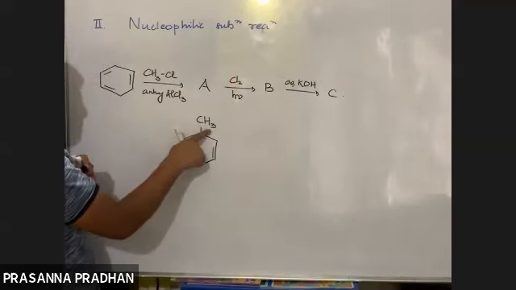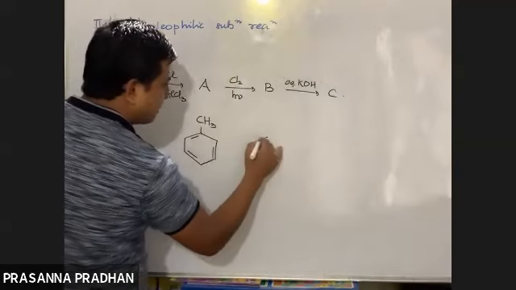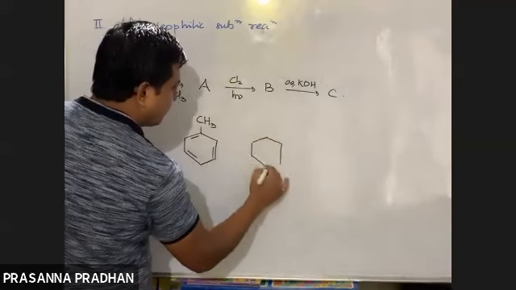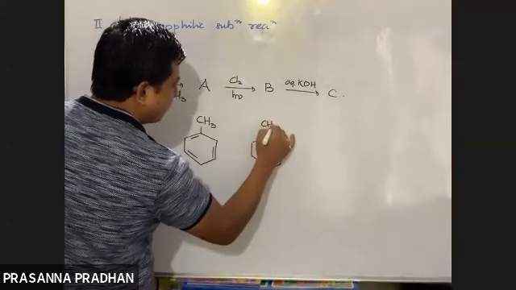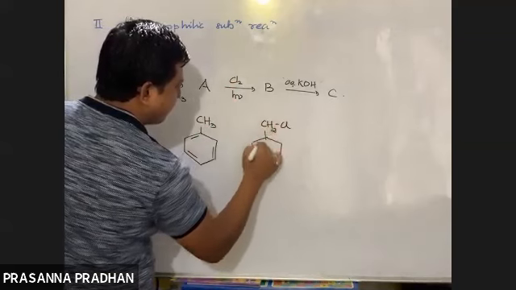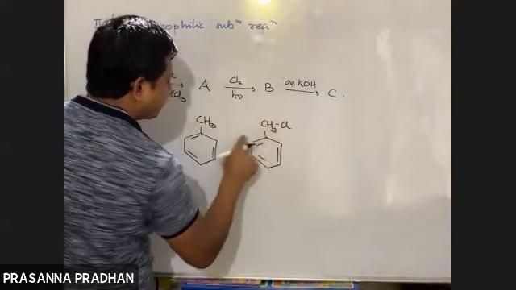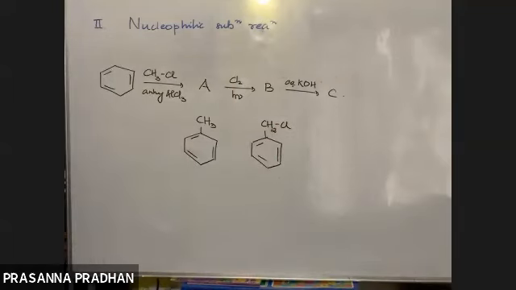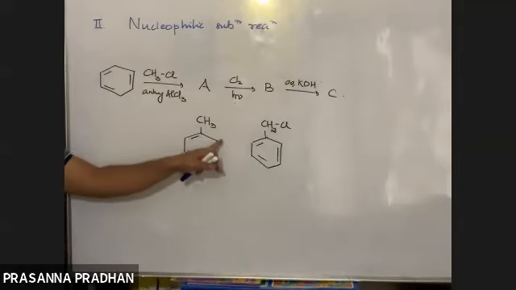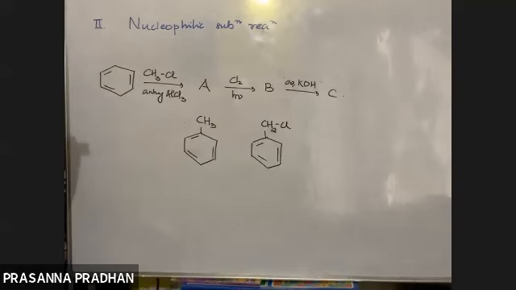The hydrogen of the alkyl side chain will get substituted. So what do you get out here? We get benzyl chloride. This is a very important reaction. But instead of light, if I have AlCl3, then the ring hydrogen will get substituted. In the presence of light, side chain substitution will occur.